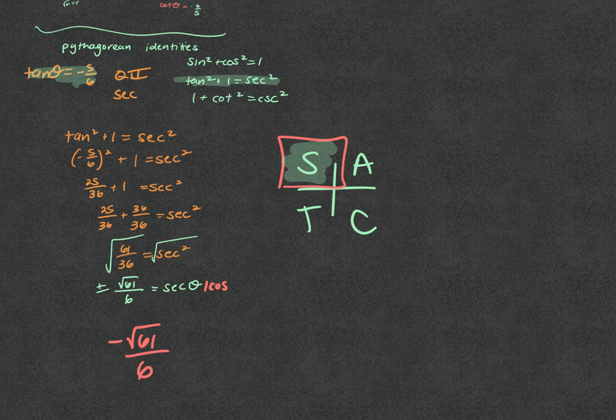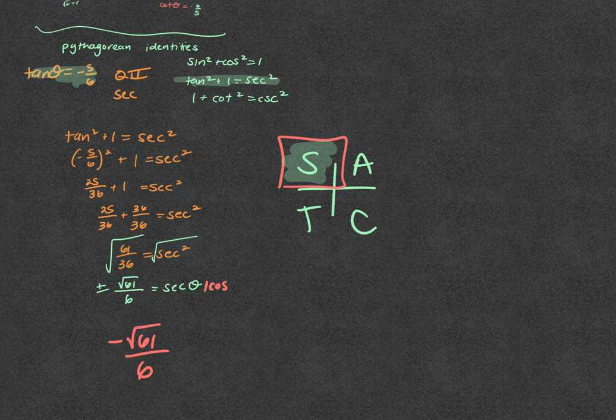So if it was in the third quadrant... Wait, so the thing in the second quadrant, the S stands for C? No, that stands for sine. That's what's positive. So sine is positive, which means cosecant is positive in the second quadrant. Those letters are just of your original 3 trig functions.